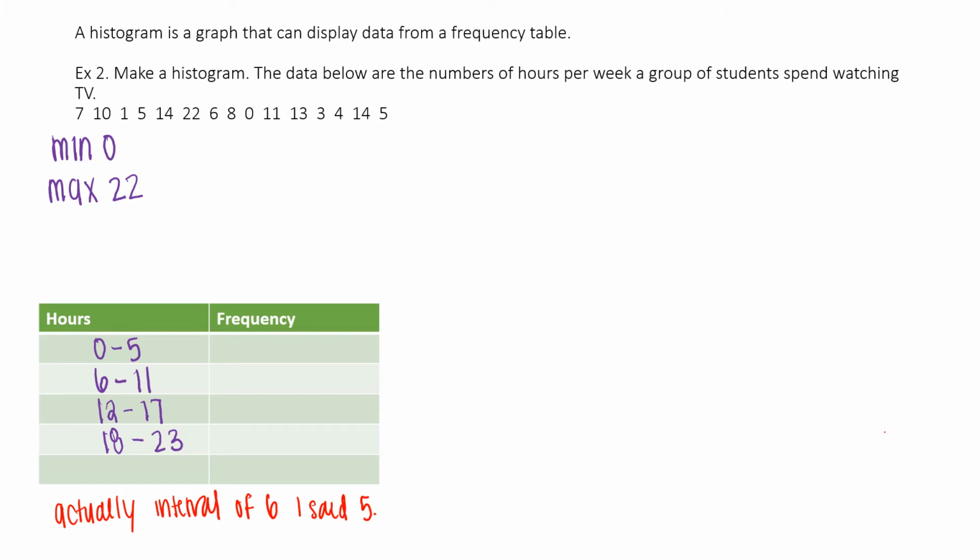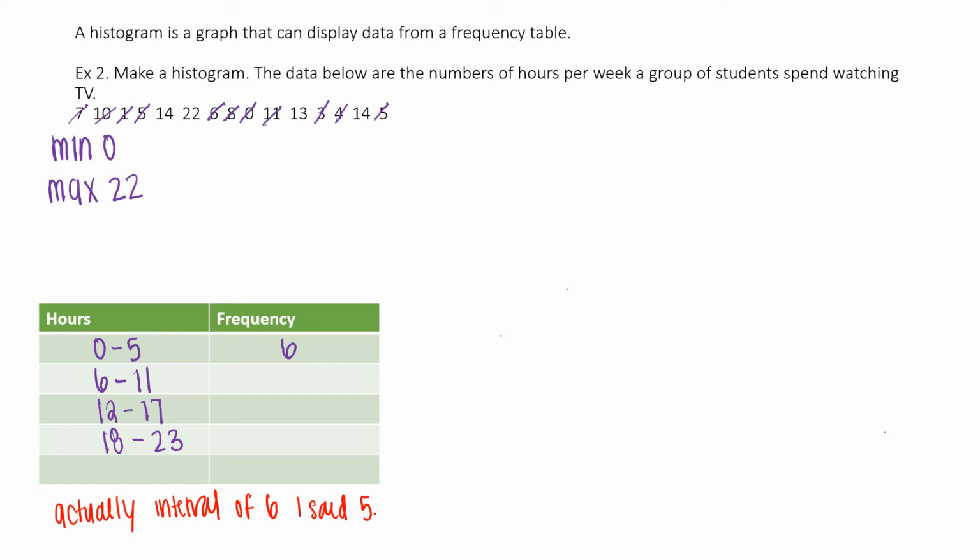So now we want to think, okay, how many numbers are between 0 to 5? So you have 1, 2, 3, 4, 5, 6. How many numbers are between 6 to 11? You have 1, 2, 3, 4, 5.